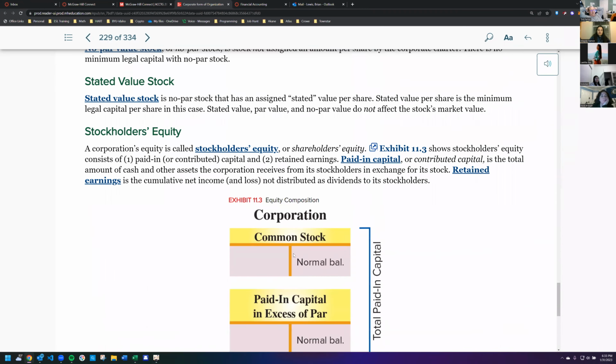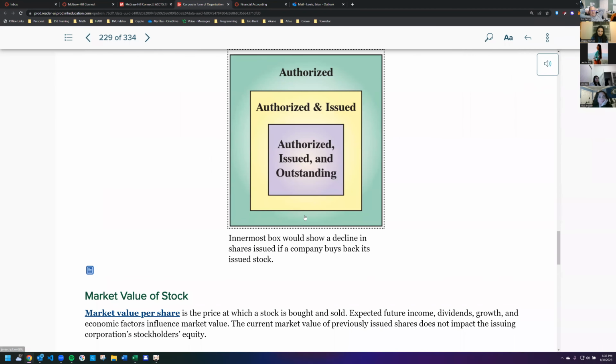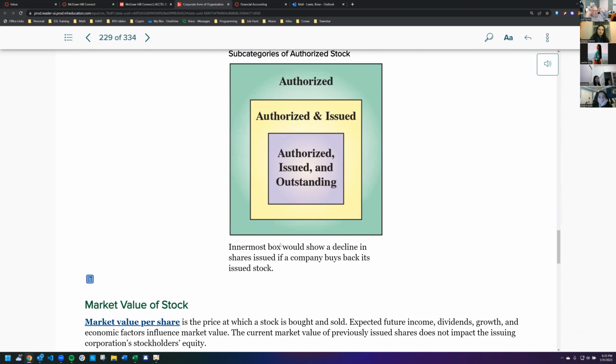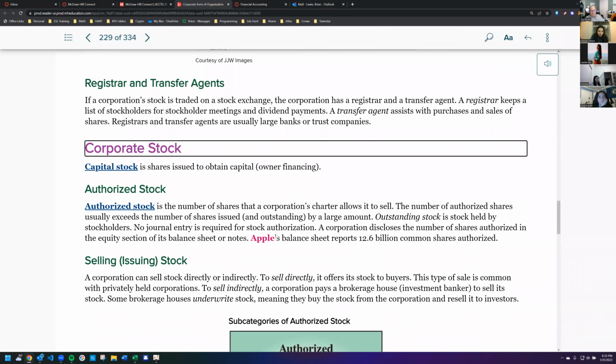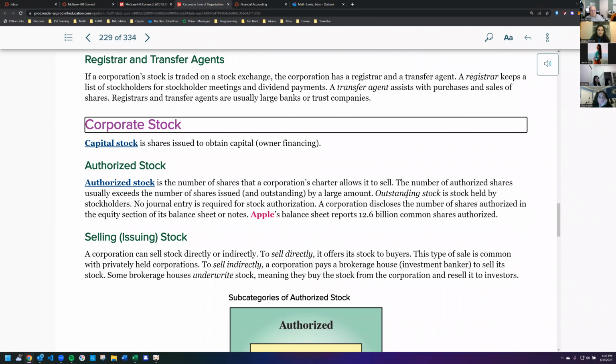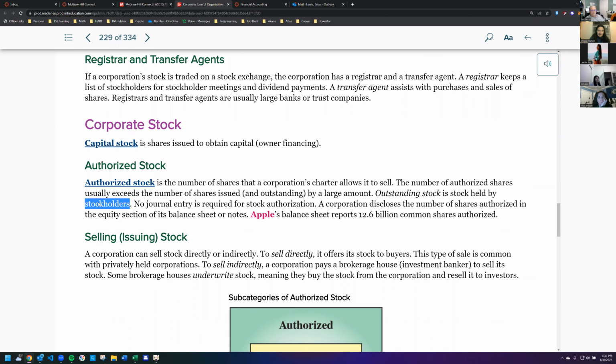Yeah, issued and outstanding. Oh, let's look at that, see if we can find it. Outstanding stock is stock held by stockholders. So the issued would then be: a corporation can sell stock directly or indirectly. To sell directly, it offers it to buyers, common stock.